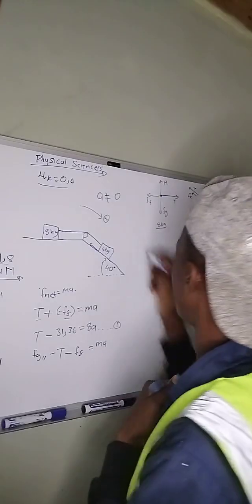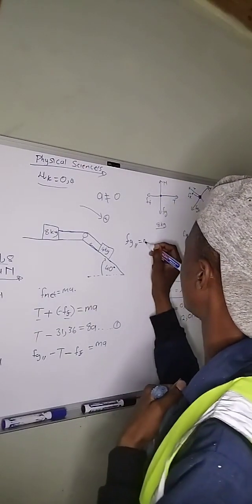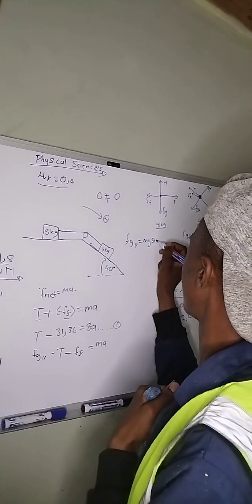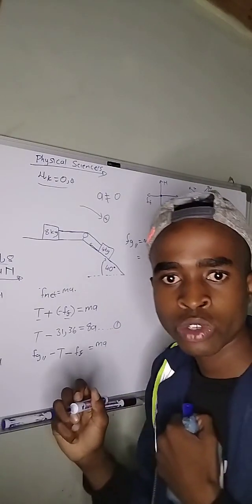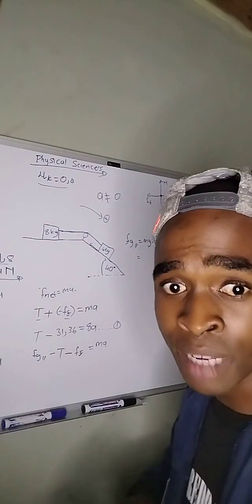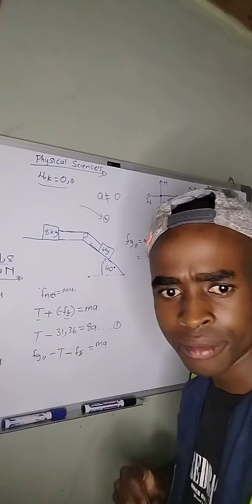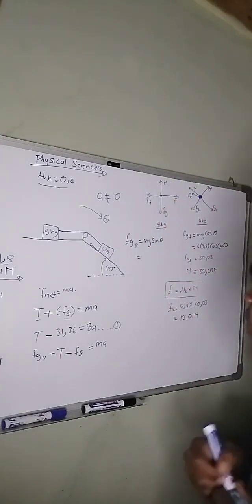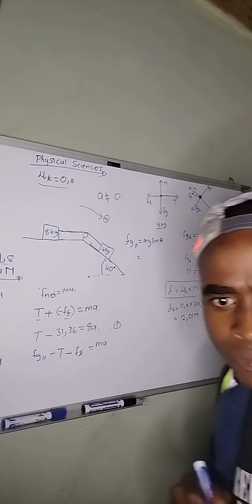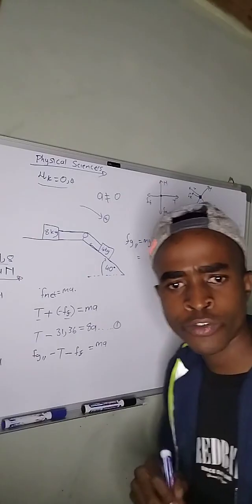So let's get our FG parallel. It's going to be equal to mg sine theta. So what is going to be my value of m? Please tap the screen, guys.